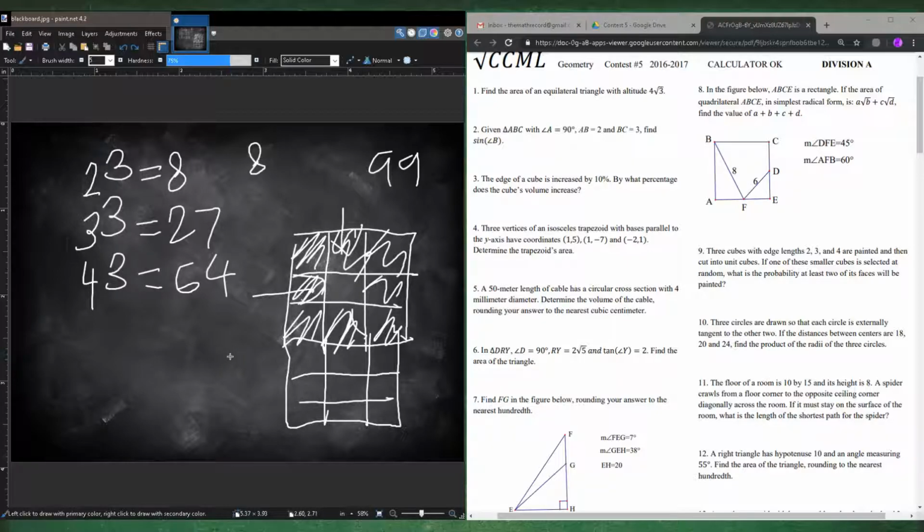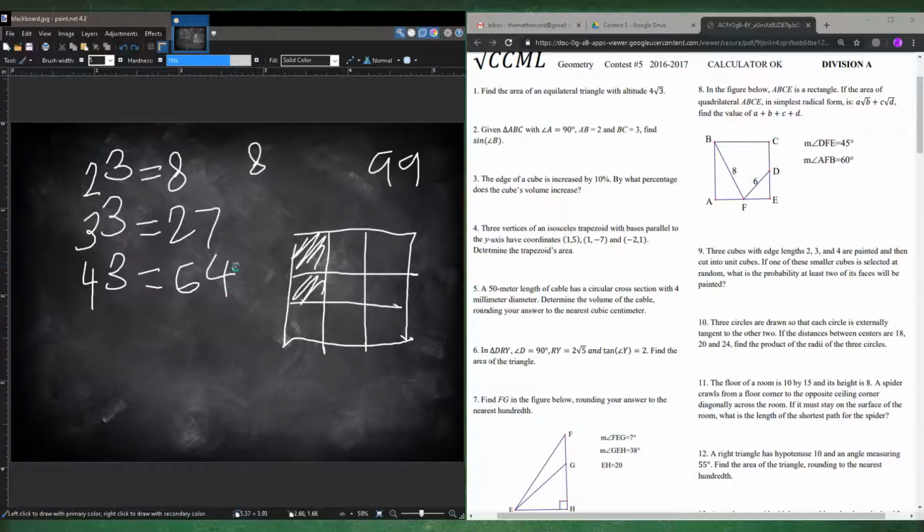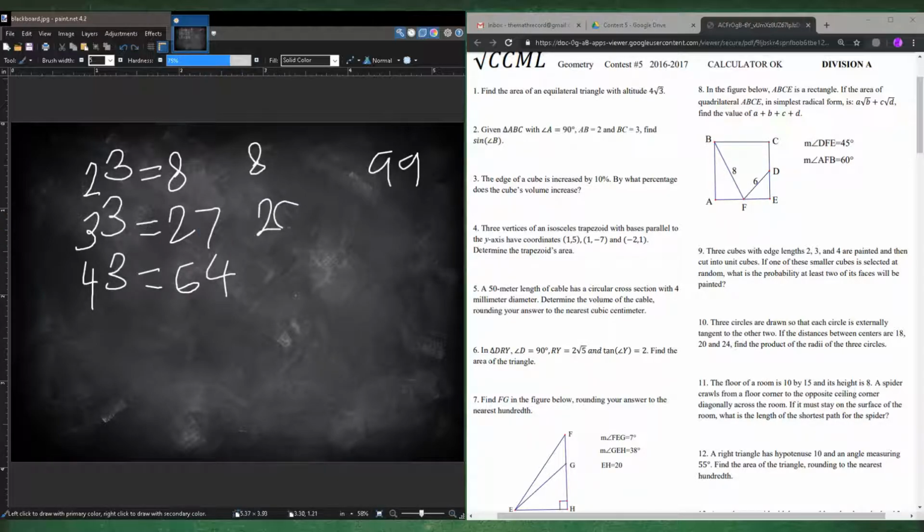You need to know that there are 12 edges. The number of corners is 4 on the top and 4 on the bottom, which is 8. So 12 plus 8 equals 20. So for the length 3 cube, we have 20 cubes that work.